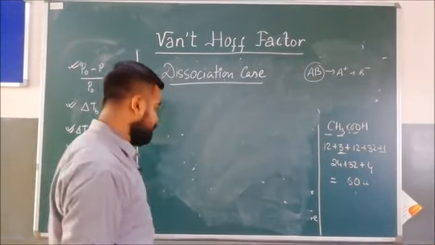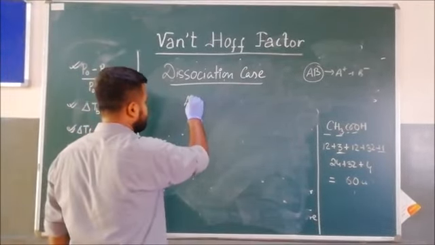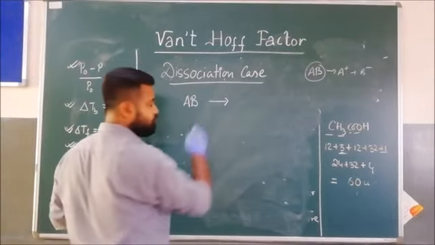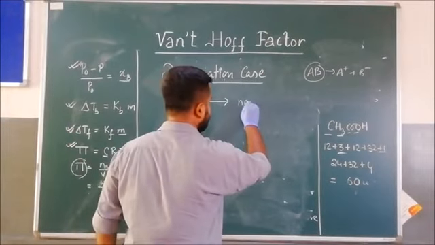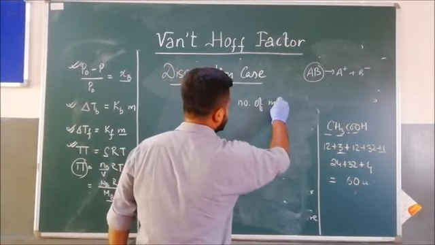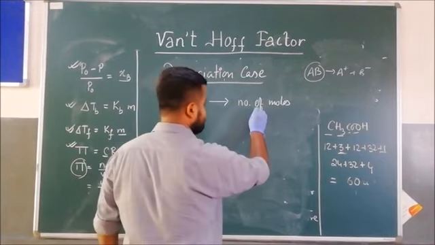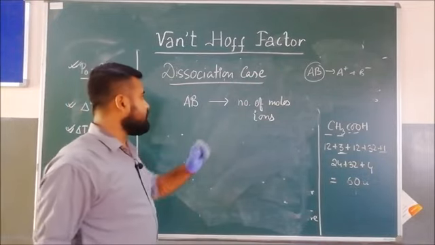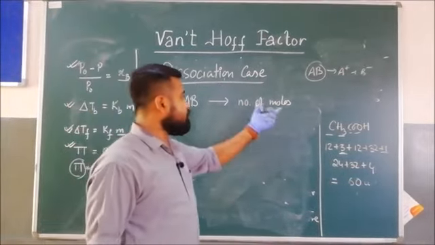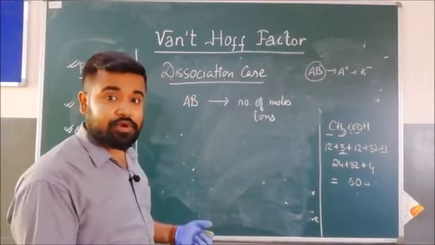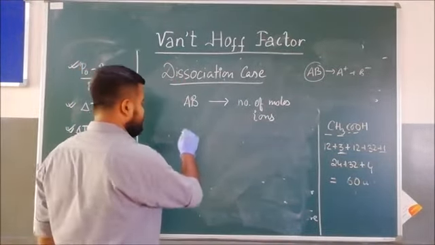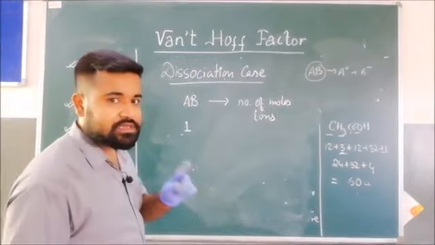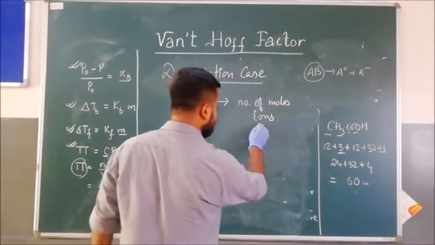In case of dissociation, suppose there is a solute AB. When they are dissociating, they are giving number of moles of ions. So if AB is initially considered as 1, the mole fraction is considered as 1, so the ions will be 0.